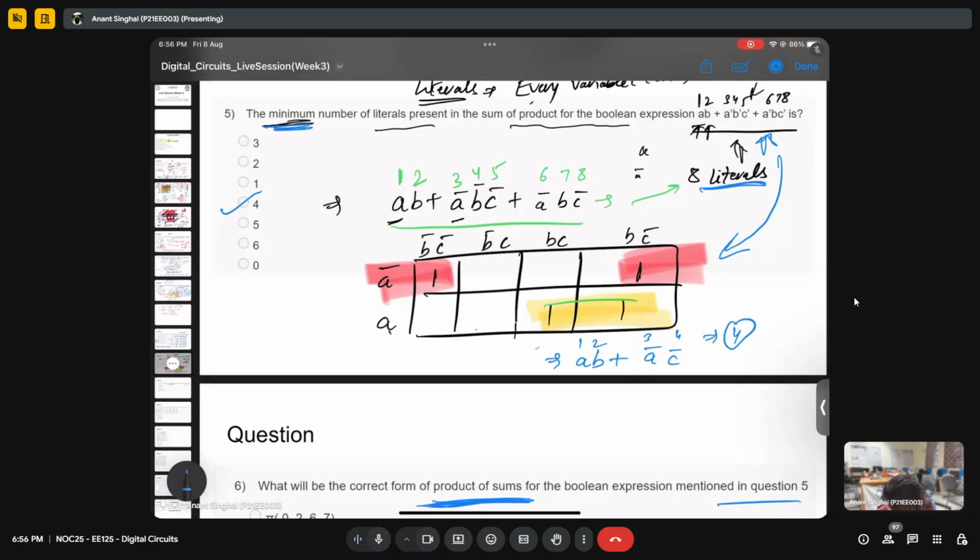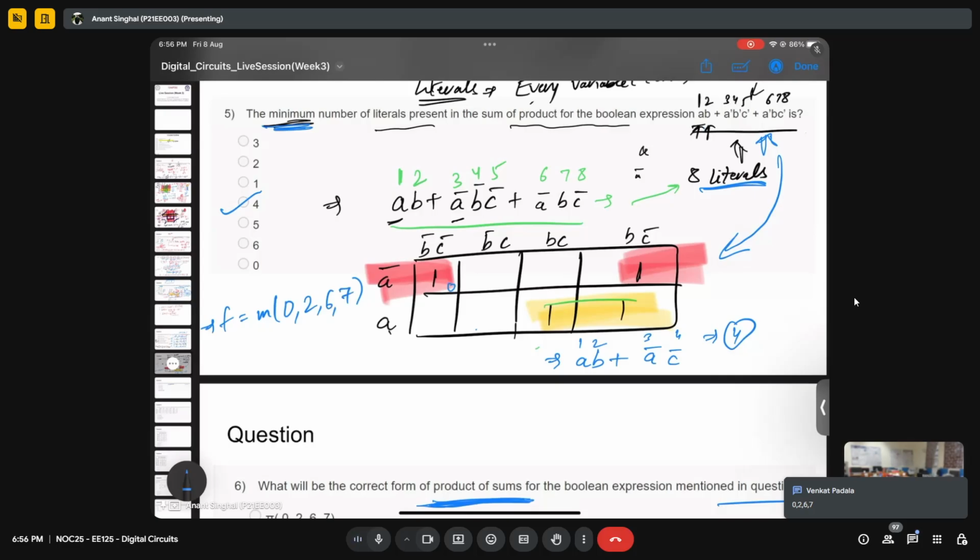First of all, can anyone tell me what is the final function of this? Let's say this is f. What will be the minterms? Quickly. Zero, 2, 6, 7, sir.